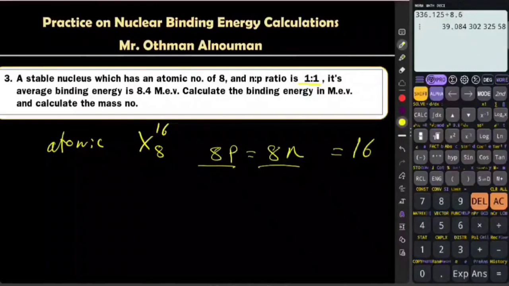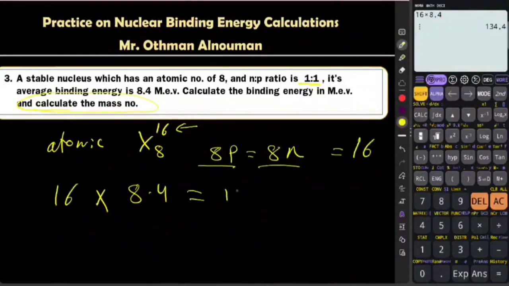Now it says its average binding energy is 8.4, and calculate the binding energy in million electron volt. The mass number, we got it. Now let's calculate the binding energy. Now we have 16 times the average binding energy, which is 8.4, and if we calculate it in the calculator, that will be 134.4 million electron volt.